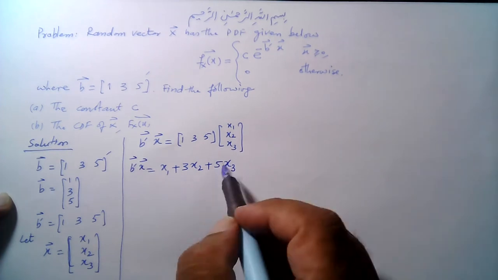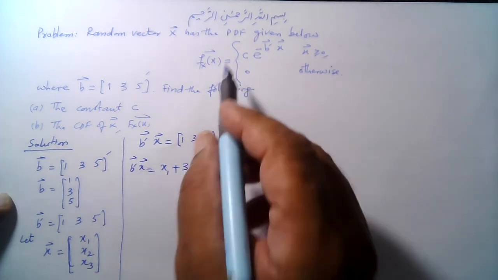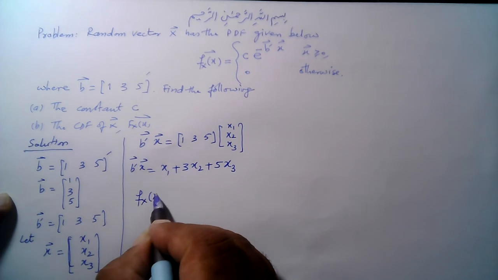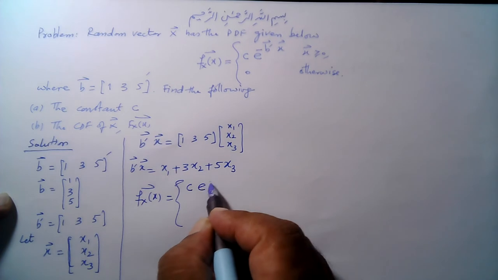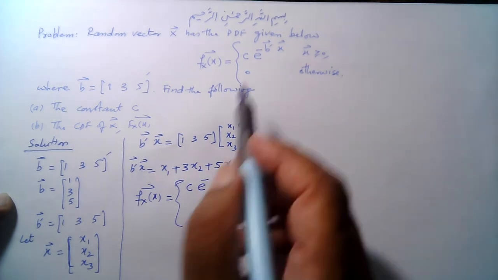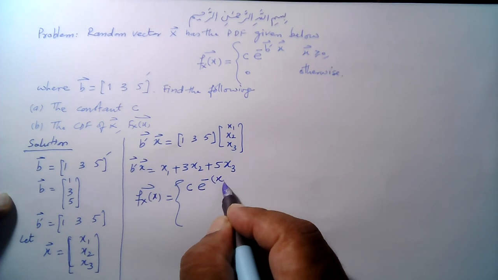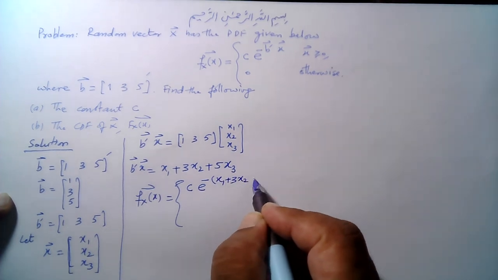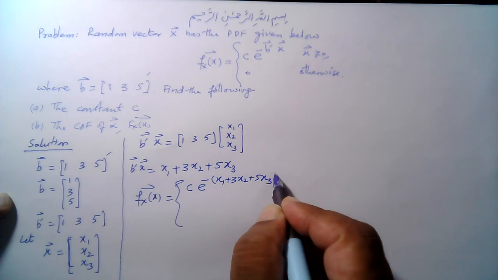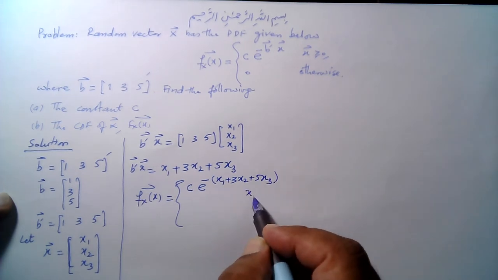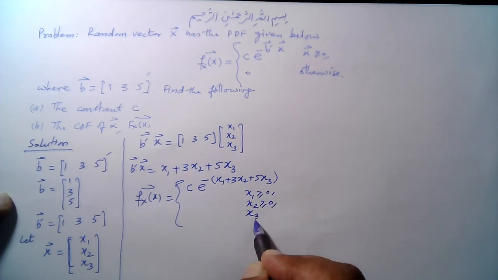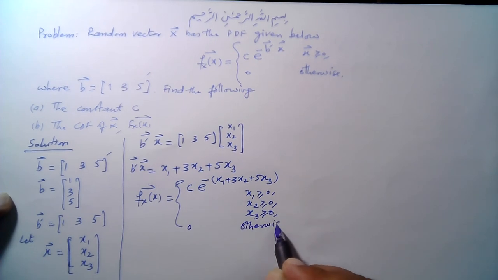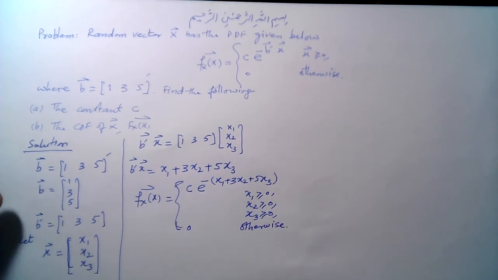So we can put this expression here and we can rewrite this PDF in this form also. C e raised to power minus, and for this we write minus x1 plus 3x2 plus 5x3, right? While x1 is greater than or equal to 0, x2 is greater than or equal to 0, x3 is greater than or equal to 0, and this is 0 otherwise, right?